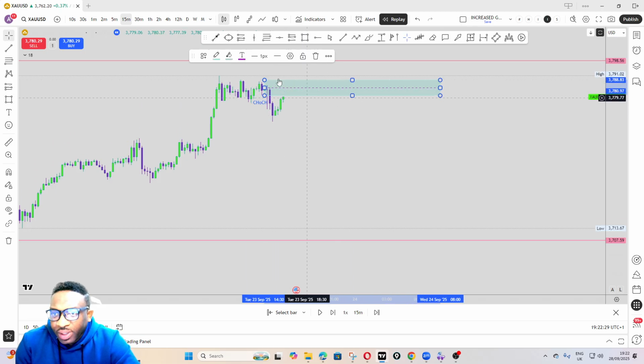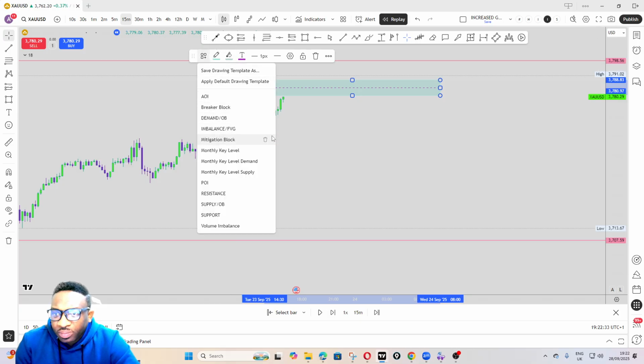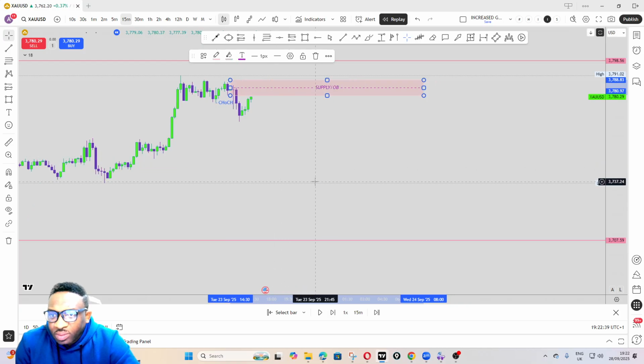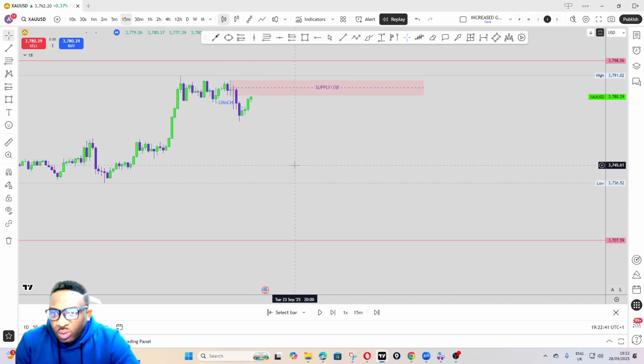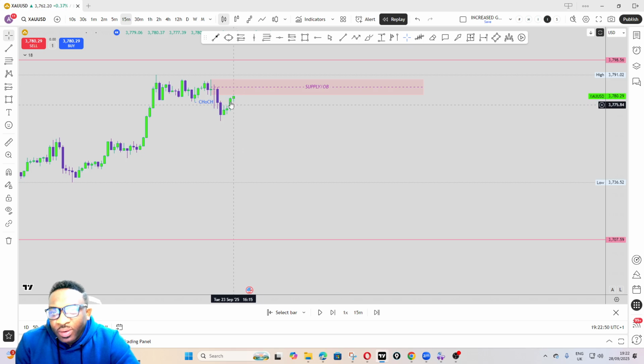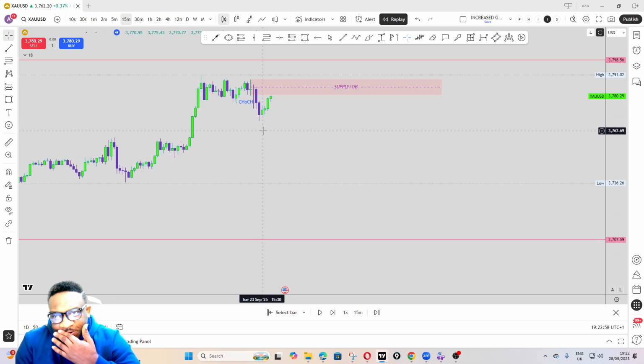That now becomes a supply zone. The only thing that makes this not a valid one is that we don't have an imbalance attached to this zone.